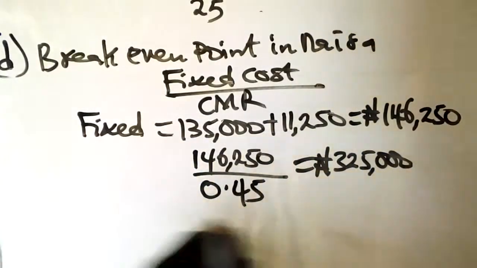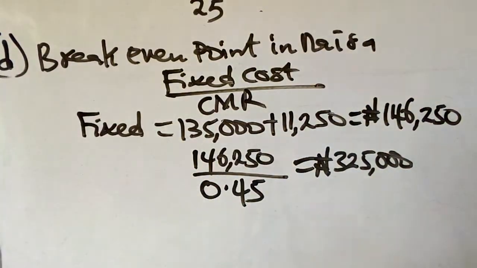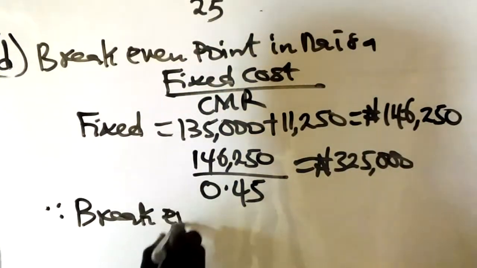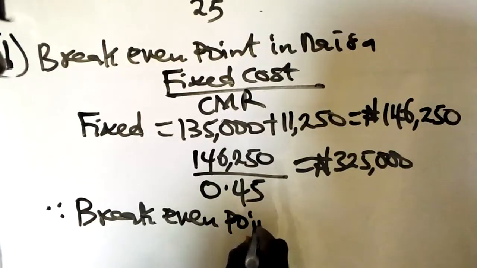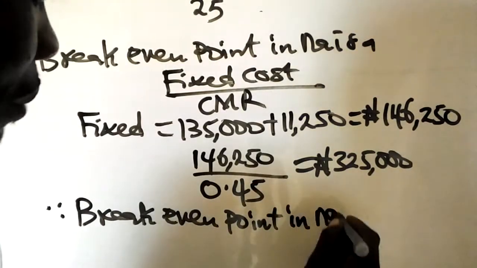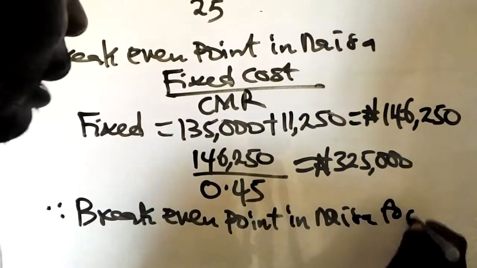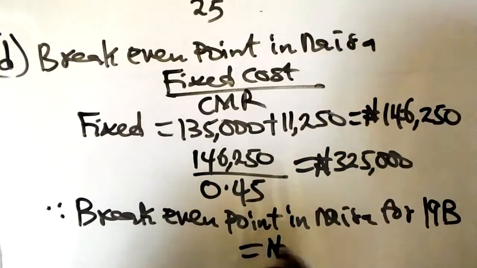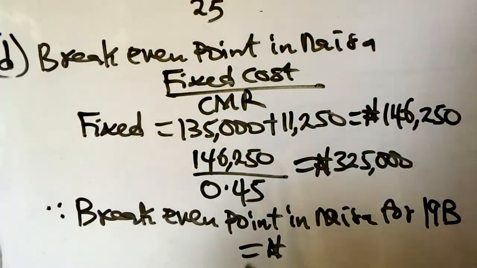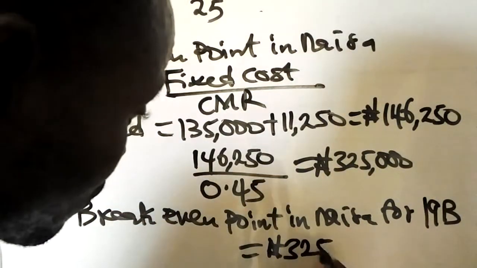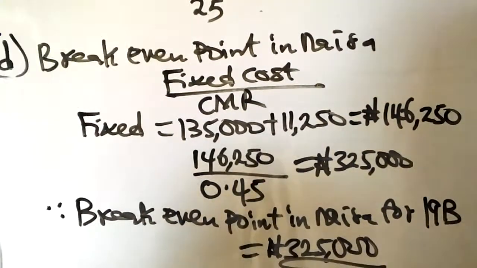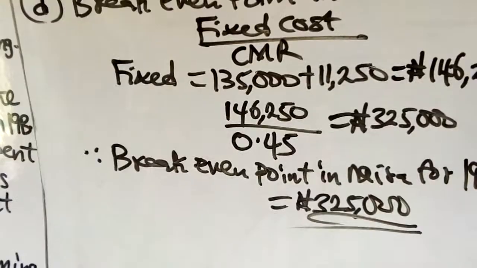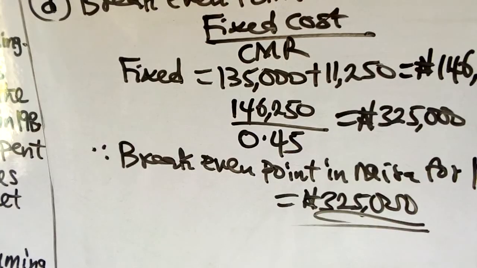So the break-even point in naira for 19B will be 325,000 naira. That is requirement D. So we want to look at requirement E now.